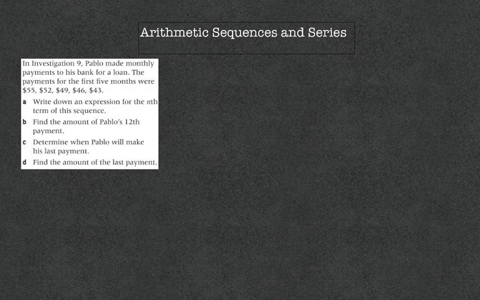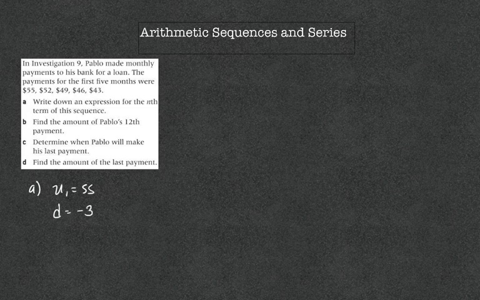So looking at the sequence, you can see that the first term of the sequence is 55 and that the common difference is negative because the numbers are getting smaller each time. And also, if you subtract 52 minus 55, you're going to get that the common difference is negative 3. So U1 is 55 and D is minus 3.